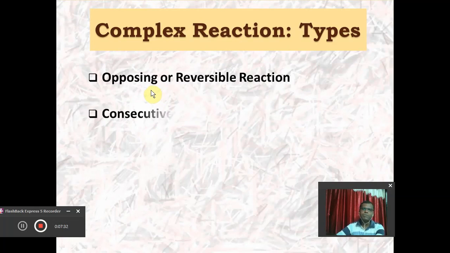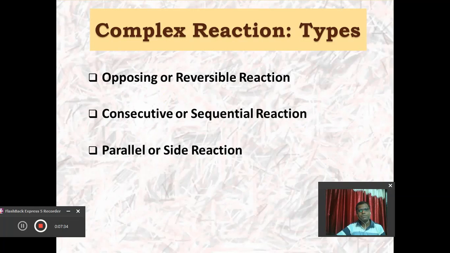So what are the different types of complex reaction? Actually there are 3 types. The first is called the opposing reaction, also called the reversible reaction.